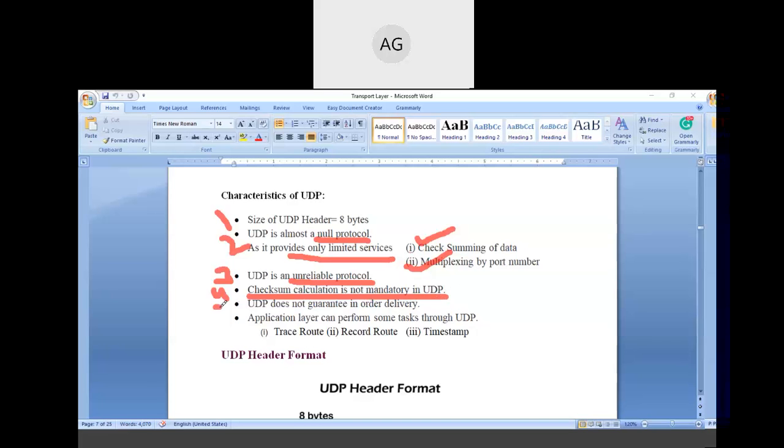The fifth characteristic is that UDP does not guarantee in-order delivery at the receiver's end, because at the receiver end unordered user datagram packets are received.